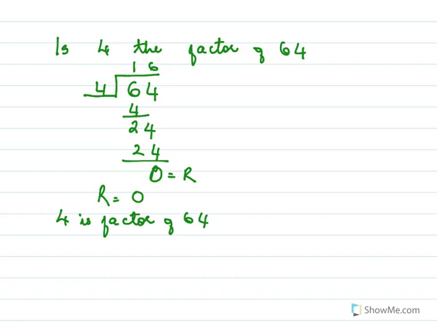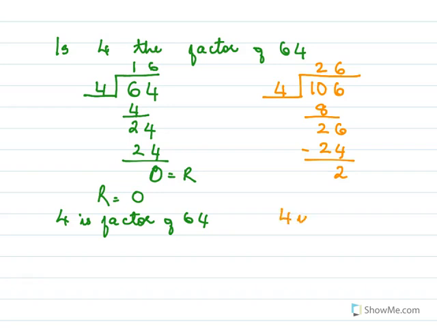Now if I were to ask, is 4 a factor of 106? For that you will divide 106 by 4. So 4 sixes are 24, and the remainder is 2. So is it a factor?